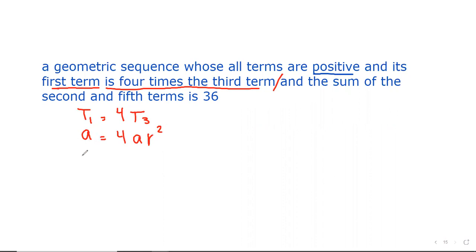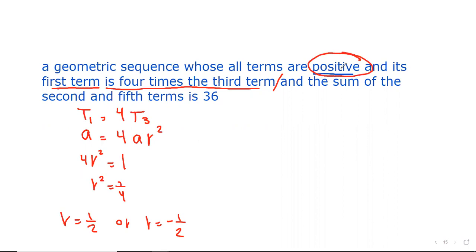Divide by A both sides. So 4R to the power of 2 equals 1. Divide by 4. So R to the power of 2 equals 1 over 4. From that, we have two values for R: it's a half, or R equals negative half. And negative half in this case is refused because all terms are positive. So we are going to cancel this value.